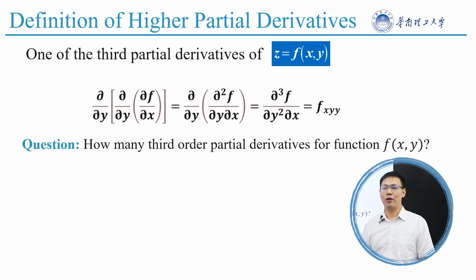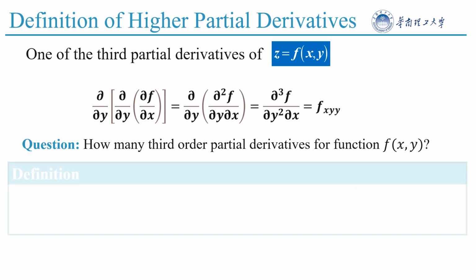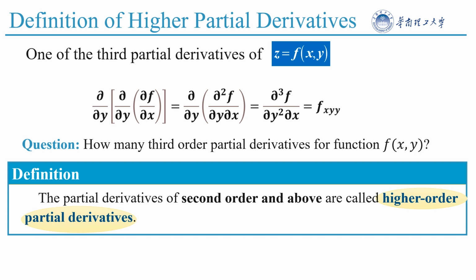Here is a question: how many third-order partial derivatives are there for the bivariate function f(x,y)? The partial derivatives of second order and above are called higher order partial derivatives.